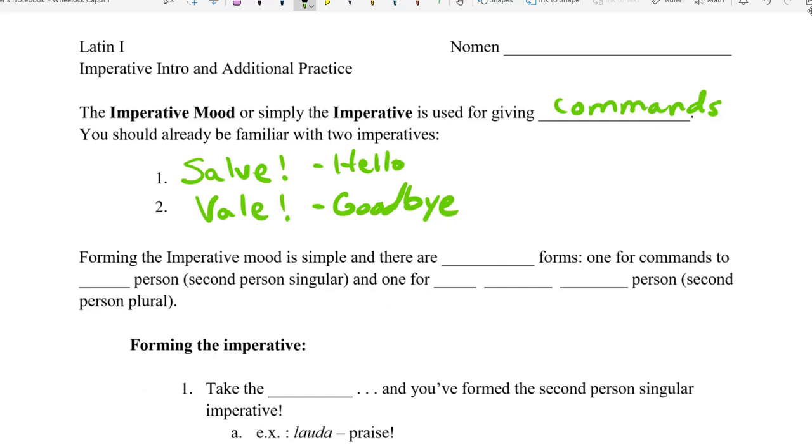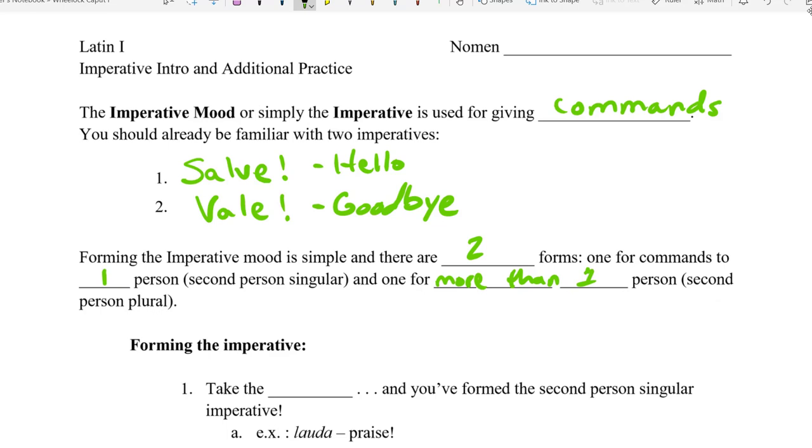Okay, now forming the imperative is actually pretty simple, and there are two forms. One is for commands to one person. So if you're just giving a command to one person, that would be your second person singular. And then there's one for more than one person, so two or more people.